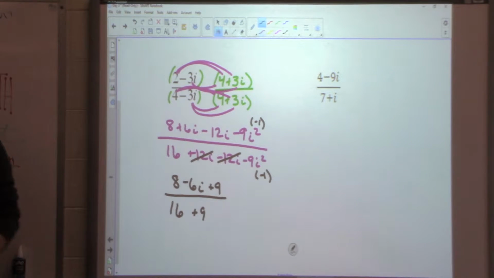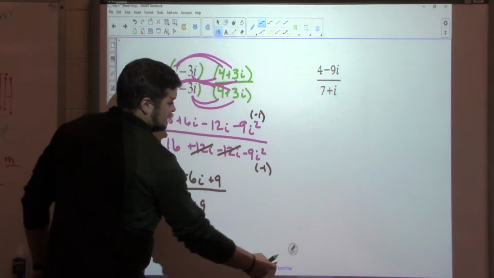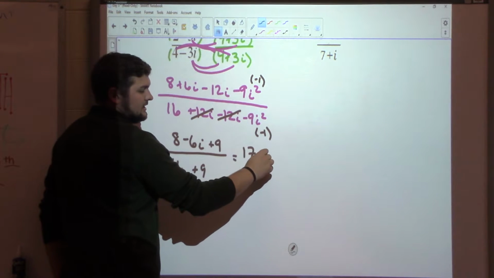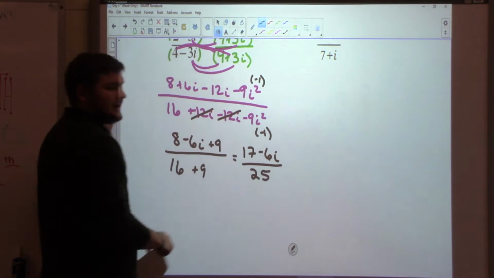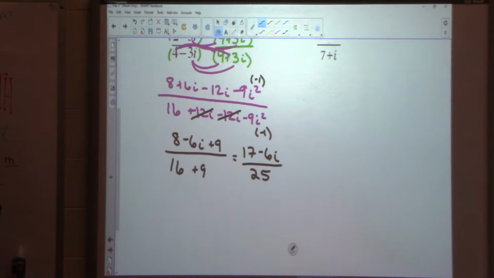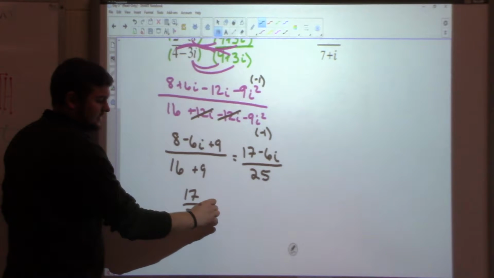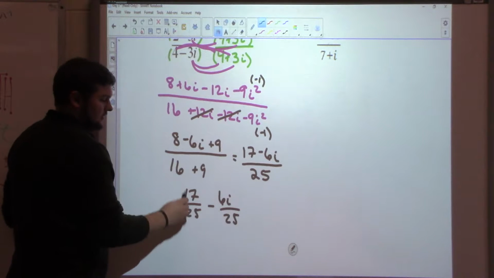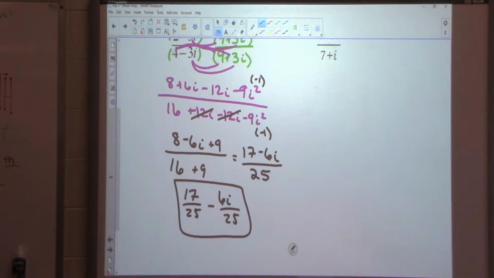Any i squared becomes a negative 1. So in this case, I get 17 minus 6i over 25. All I have to do then is split it: 17 over 25 minus 6i over 25. And that's our final answer.